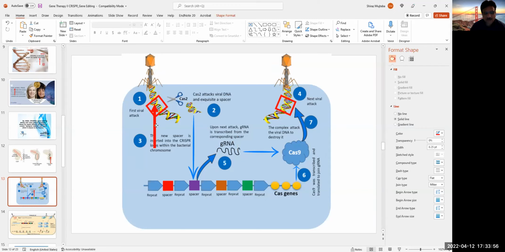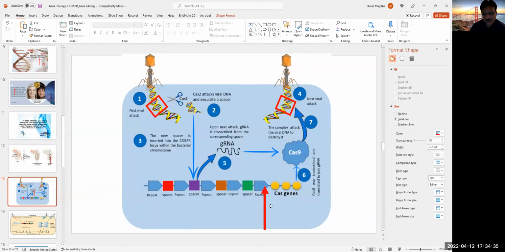When a bacteriophage infects the bacteria, what is a bacteriophage? A bacteriophage is a bacteria-specific virus. So when a new bacteriophage infects the bacteria, there is a protein enzyme, Cas2. This is a nuclease, right? It cuts the bacteriophage, and then this DNA is inserted or copied into the bacterial genome.